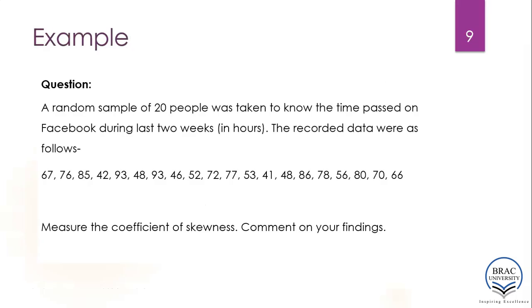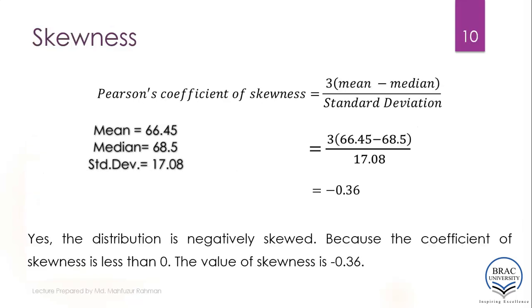Now let's take another example. A random sample of 20 people was taken to know the time spent on Facebook during the last 2 weeks. The recorded data was given below. Let's calculate the coefficient of skewness. Using Pearson's coefficient, we have the formula 3 into mean minus median divided by standard deviation.